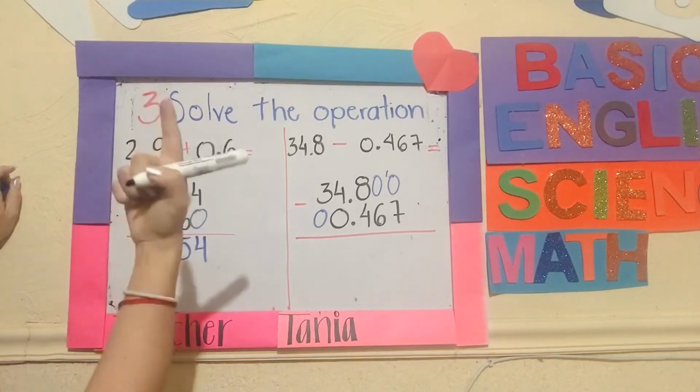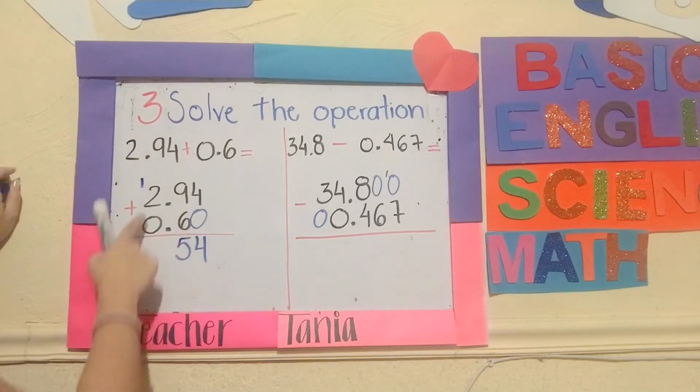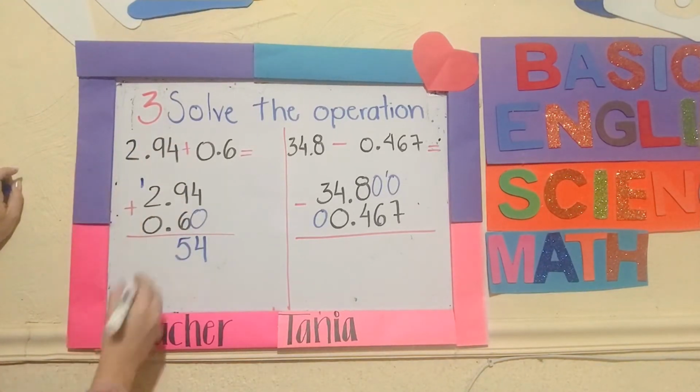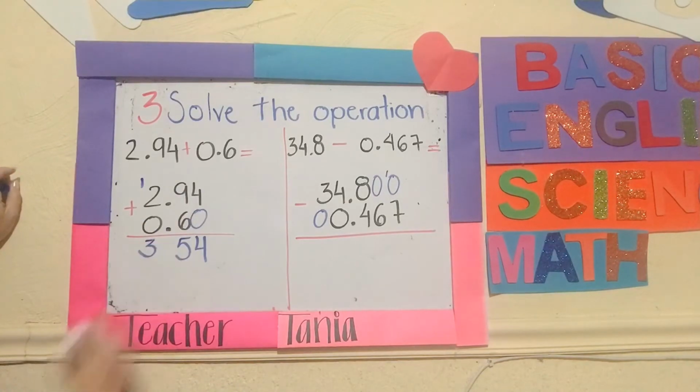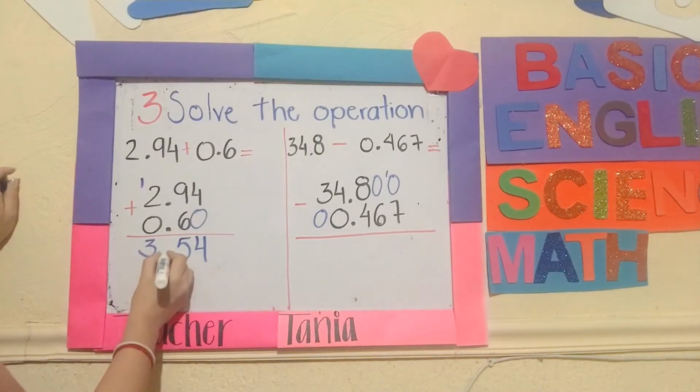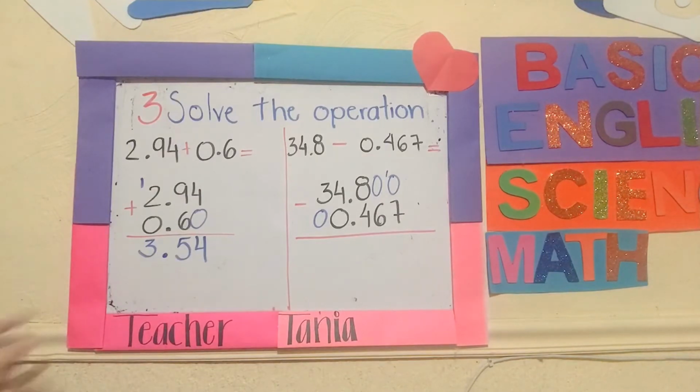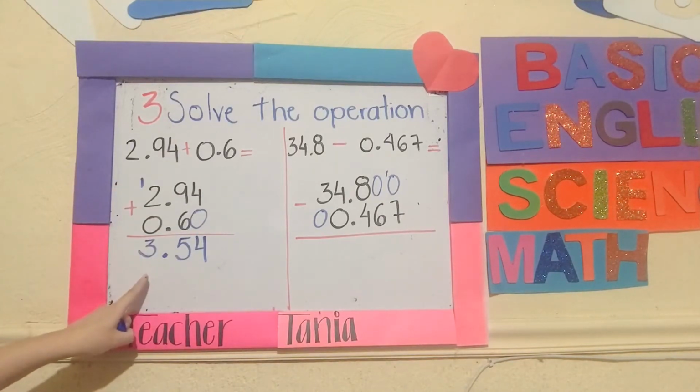We carry 1. 2 plus 1 equals 3. And the most important step for solving an operation with decimal point is to write the decimal point. Remember that it stays lined up.